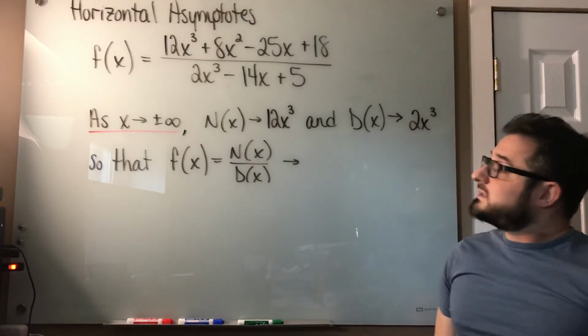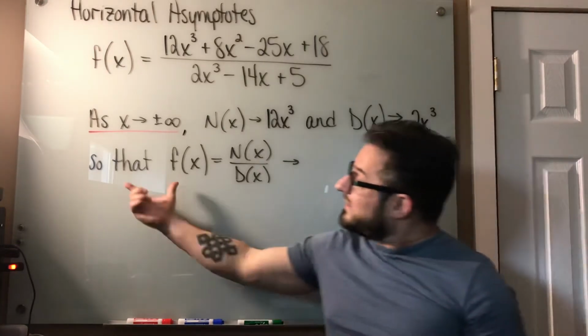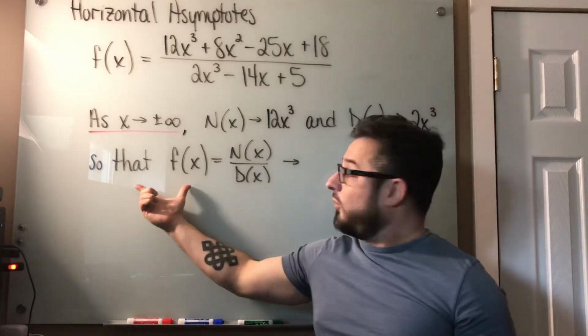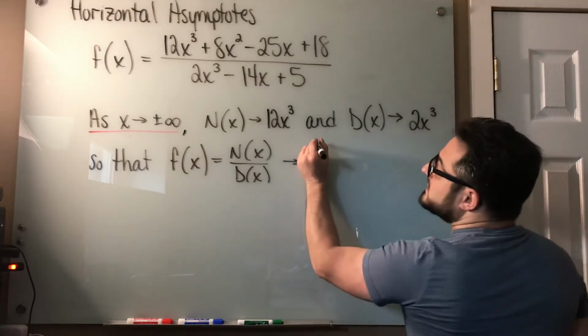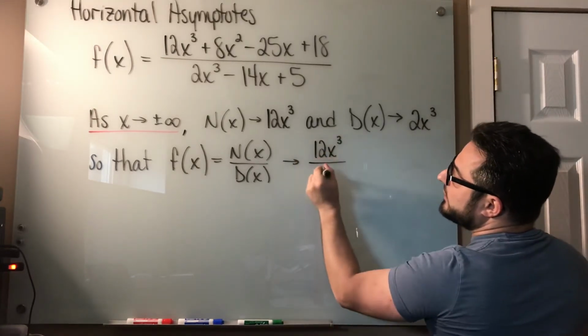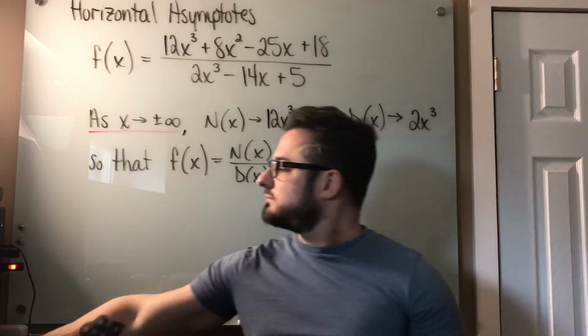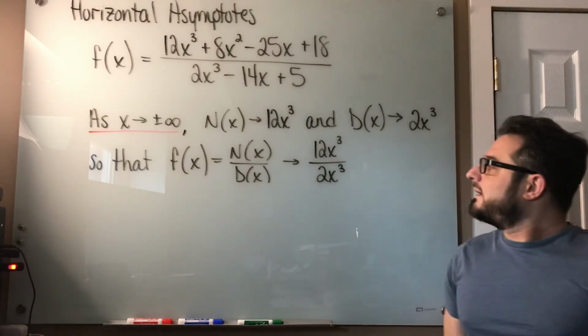And we end up in a similar situation to before, where we can now say that the rational function as a whole is going to approach its lead term of the numerator over its lead term of the denominator.